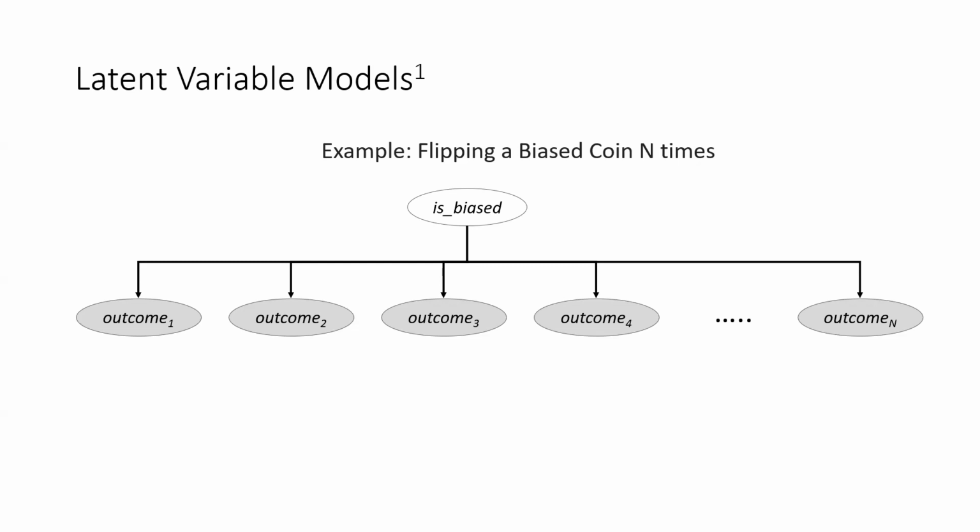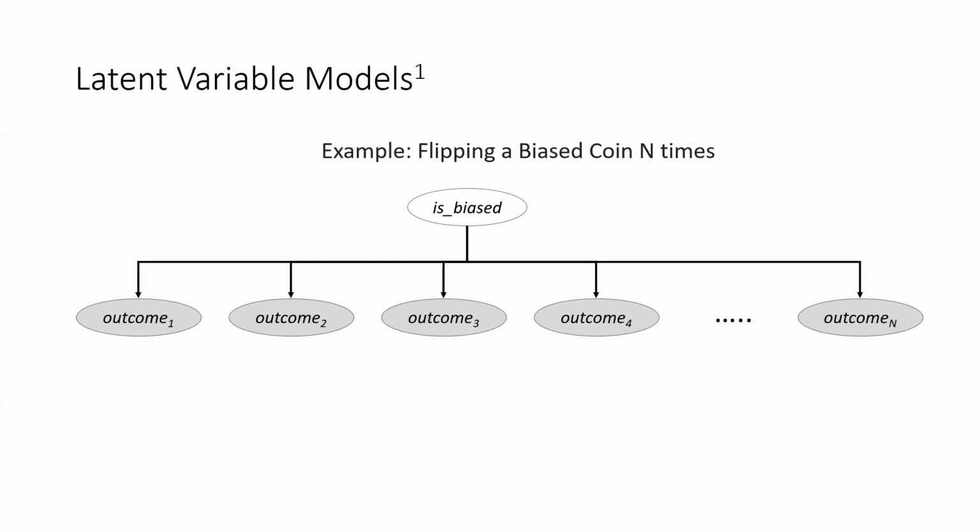If it's biased, the probability distribution of the outcome is different between the two cases, whether the coin is biased or unbiased. If it is unbiased, it's 50% to see heads or tails. But when it's biased, it's a different probability distribution.